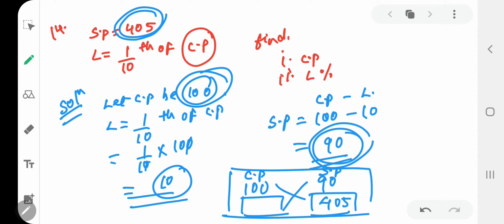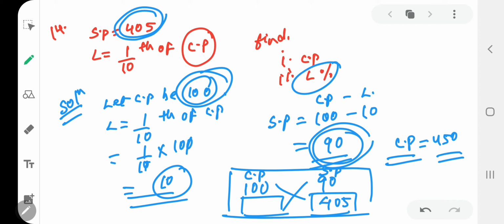And you have to cross multiply. Once you cross multiply, you will get your original value of CP. Okay, let's see what value I am getting for CP. CP I'll get as 450.